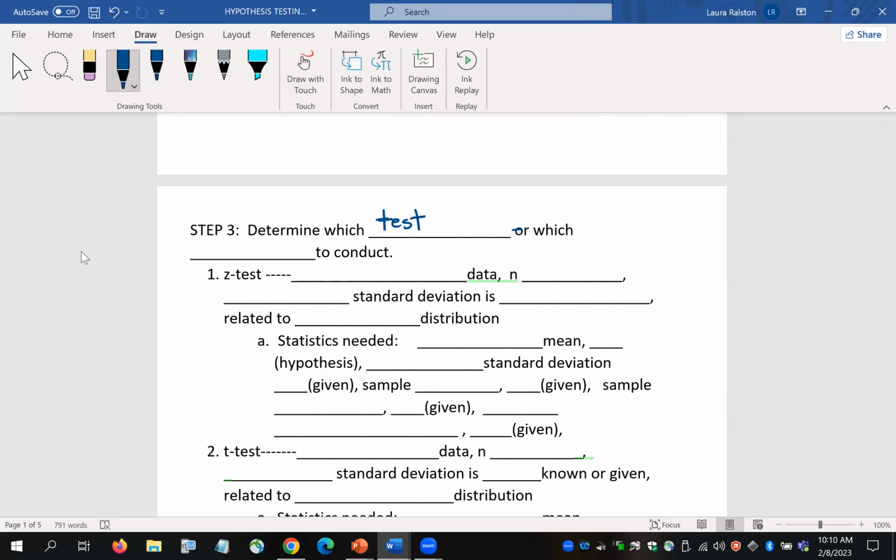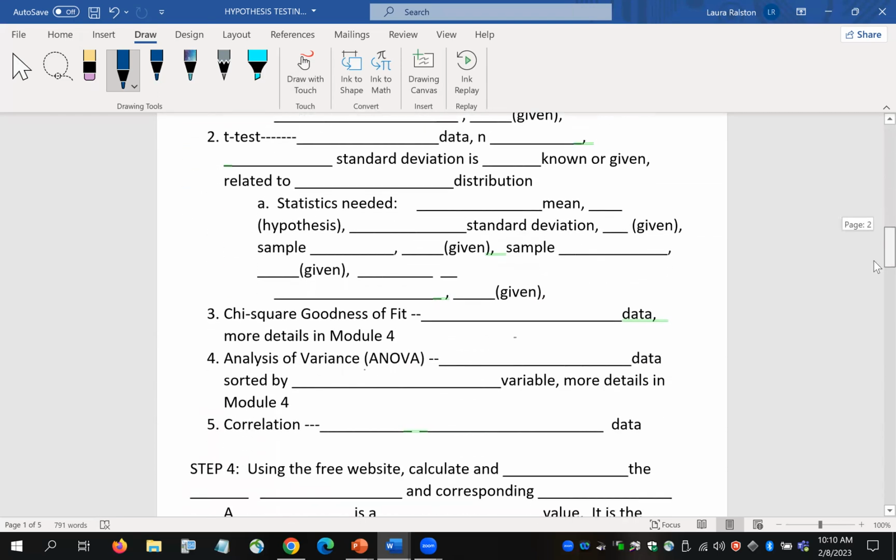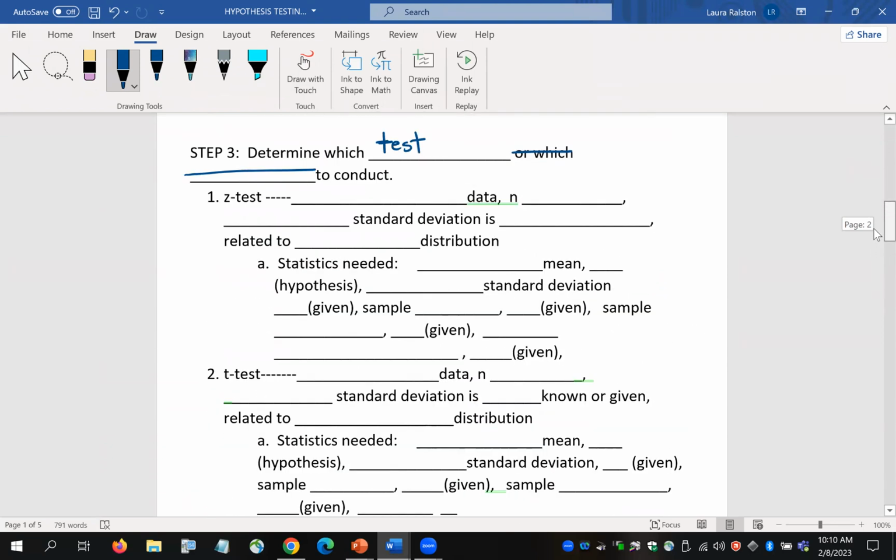I apologize for the extra words in there. And so I'm going to walk through the information for the first two, or really for all five that we're going to focus on.